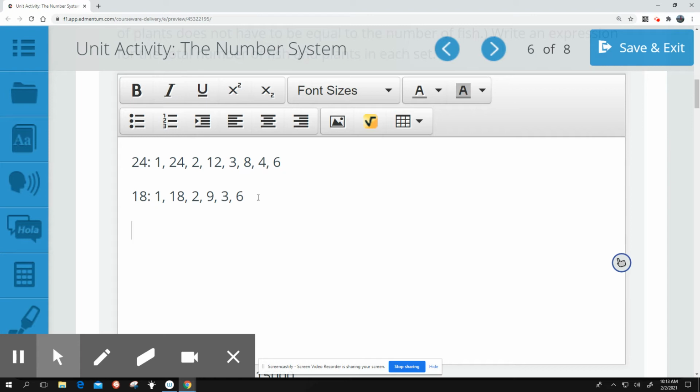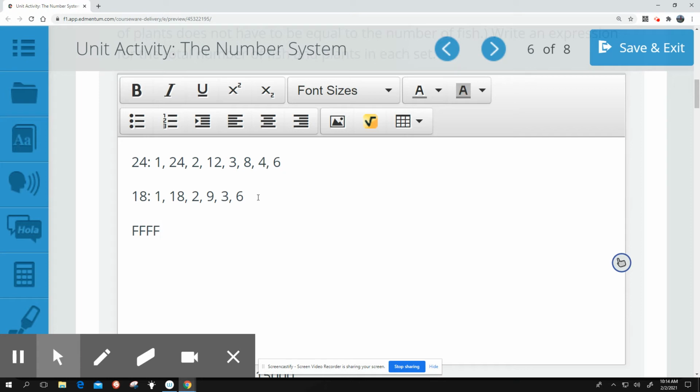If I have 24, how many fish are going to be in each set if I have 6 sets, Jackson? 24 divided by 6 is 4. So 1, 2, 3, 4 fish. How many plants am I going to have in 6 groups if I have 18 total?